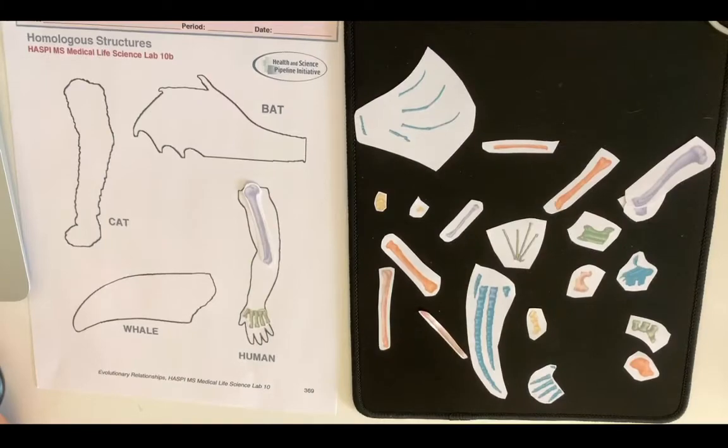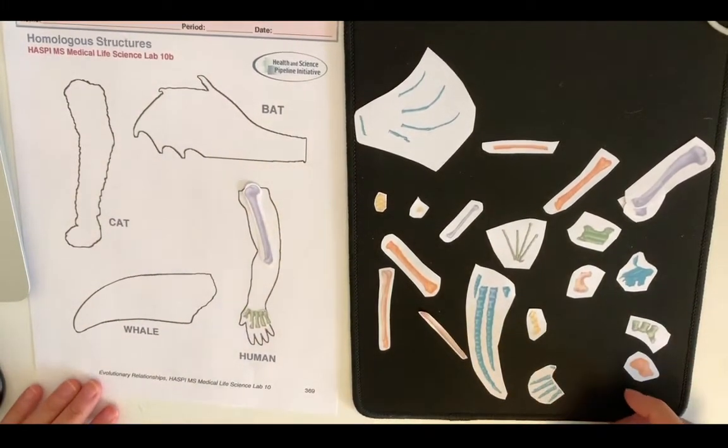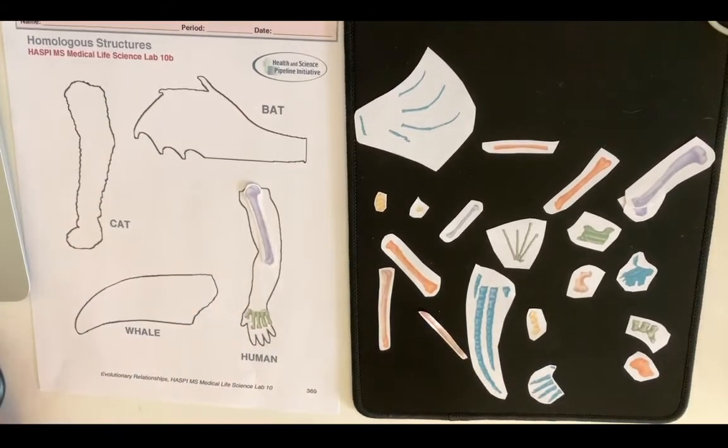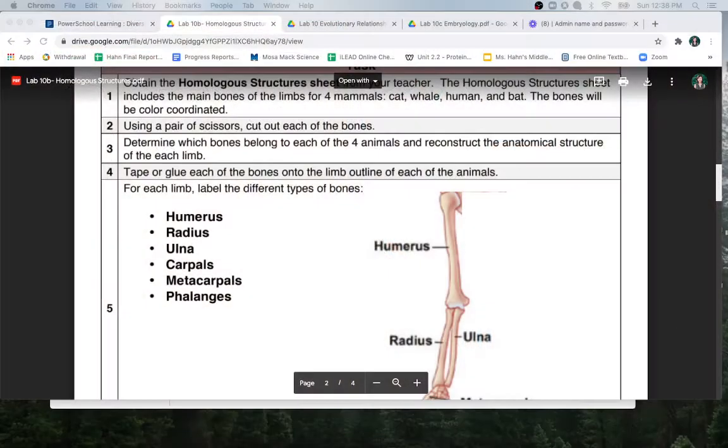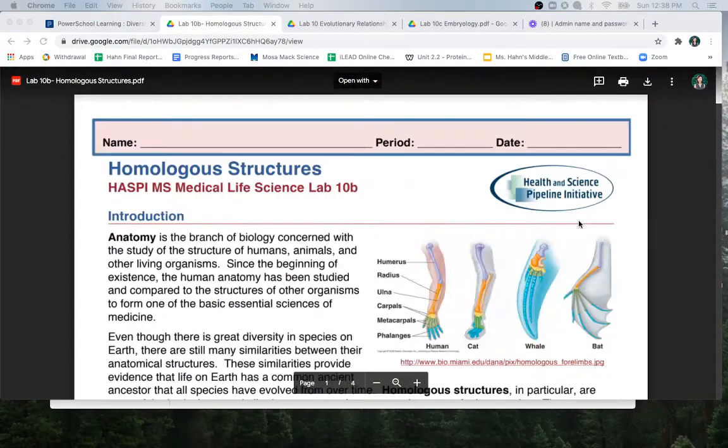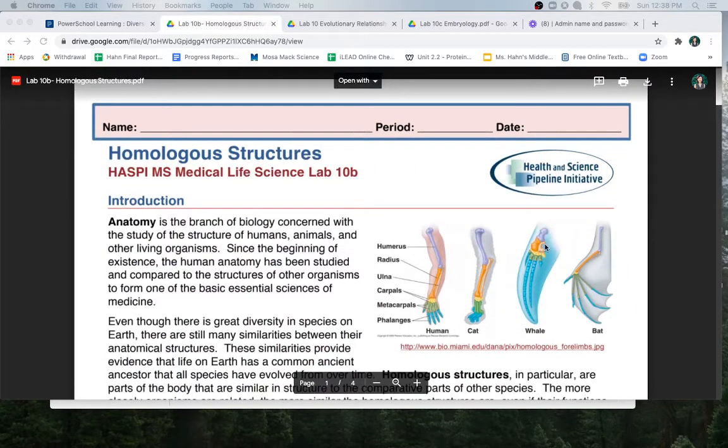So I'm going to show you my first attempt at this. Here I went ahead and just roughly cut everything. And I'm going to use this picture as my little cheat sheet, because it shows me that all of the humerus bones are going to be a certain color. The whale humerus bone is obviously very small compared to our humerus bone.